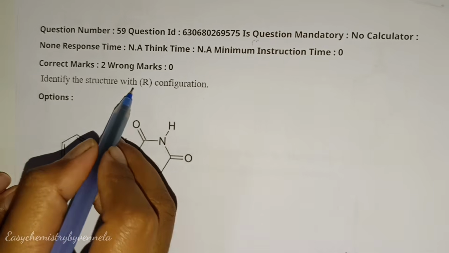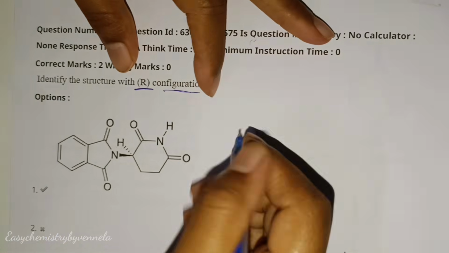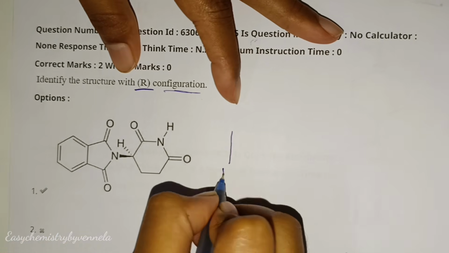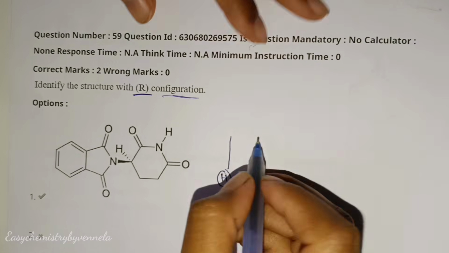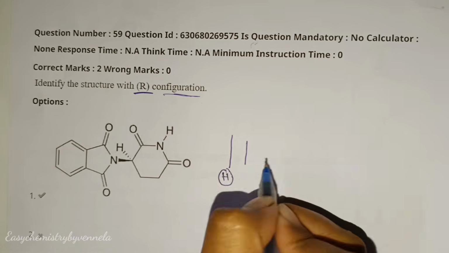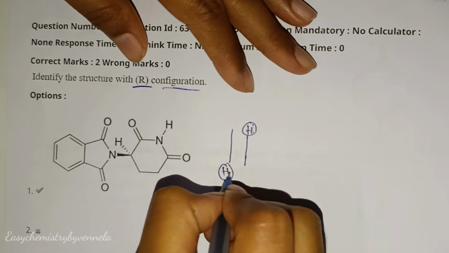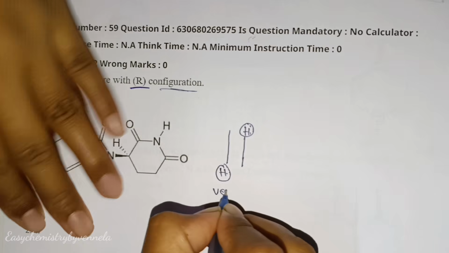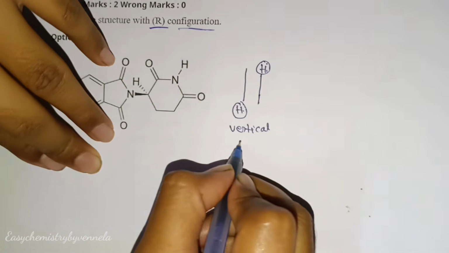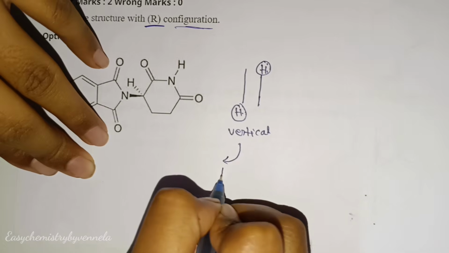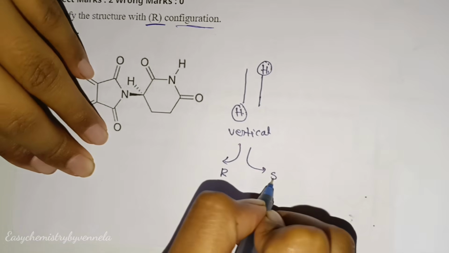Next question. Identify the structure with R configuration. Here I am giving an excellent trick for you. When the hydrogen is in vertical position, if it is vertical, clockwise is R configuration and anti-clockwise is S configuration.